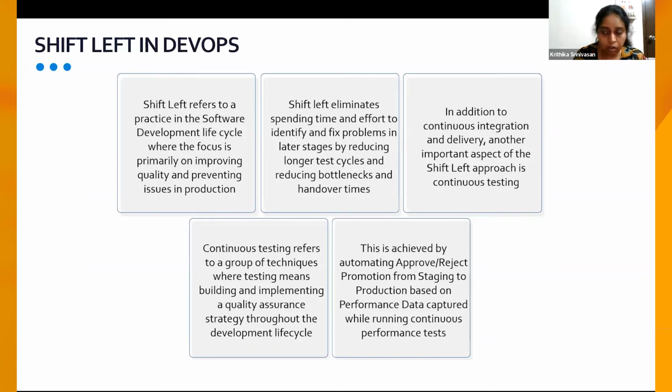It will reduce the longer test cycles and also the deployment bottlenecks. Handover times decrease, the frequency of deployments increases, and the velocity with which the project is delivered to the customers also increases. So there are a lot of improvements in the overall application development cycle and handover of your application by using the shift left approach.